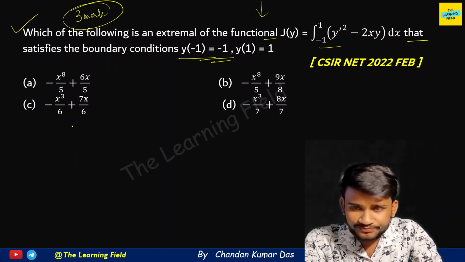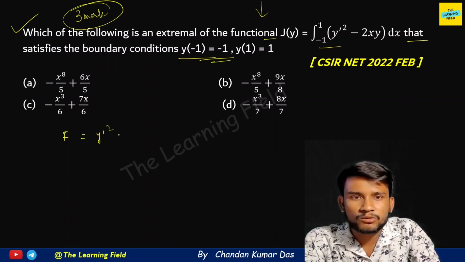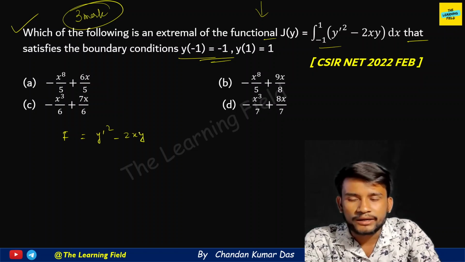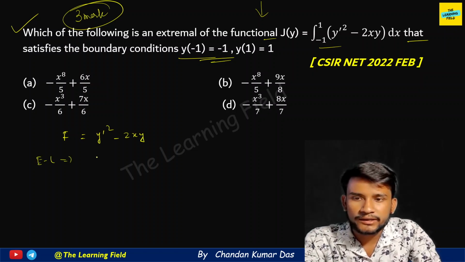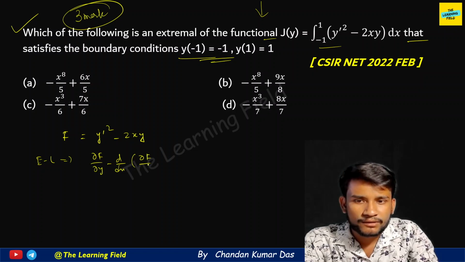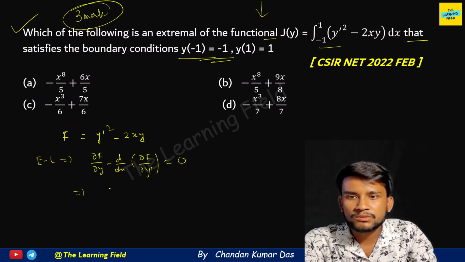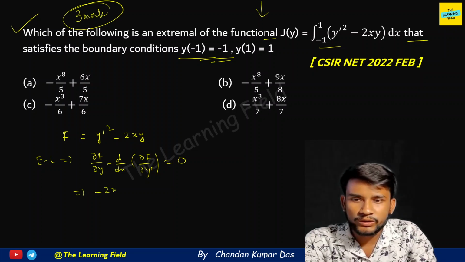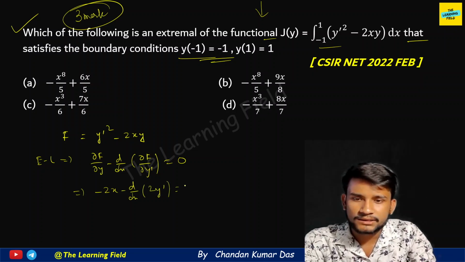Here given f equal to y' squared minus 2xy. Now the Euler-Lagrange equation is del f by del y minus d by dx of del f by del y' equal to 0. Del f by del y means minus 2x, minus d by dx of del f by del y', which is 2y', equal to 0.